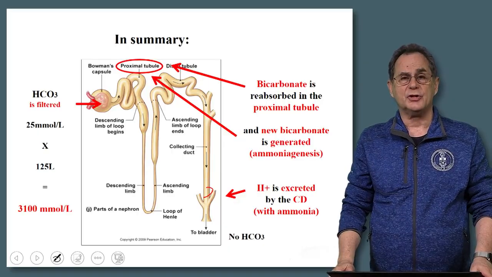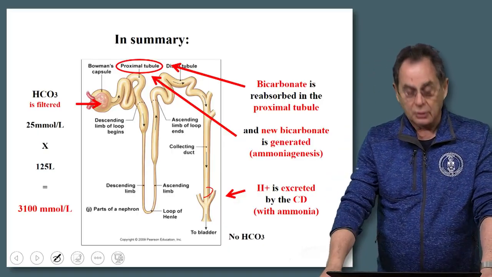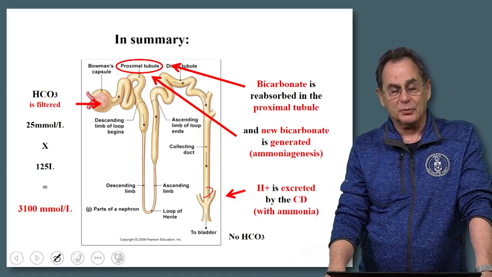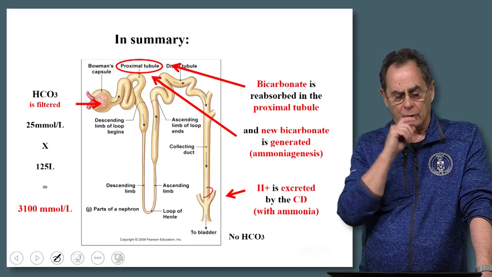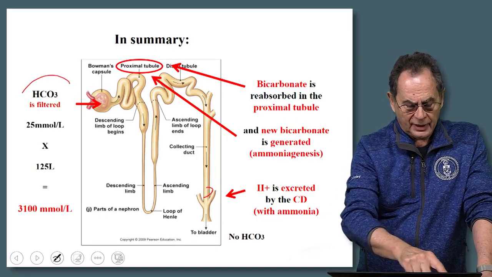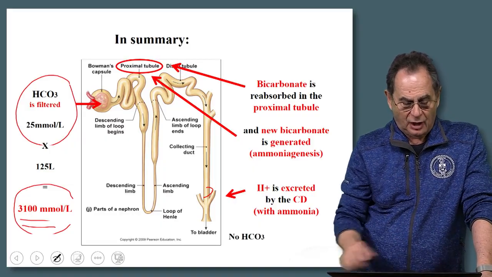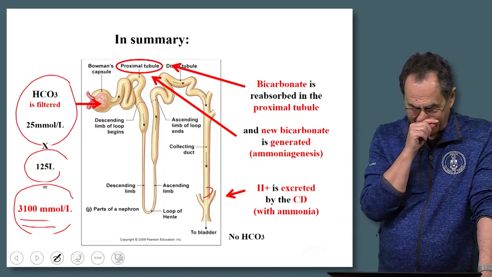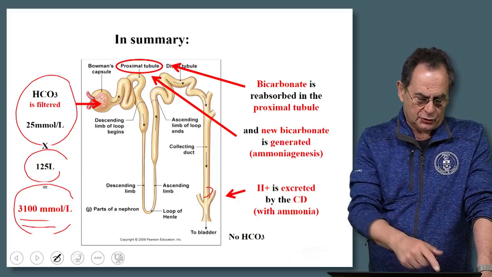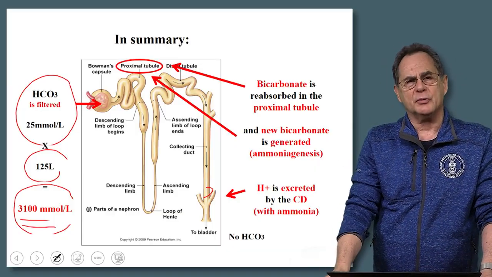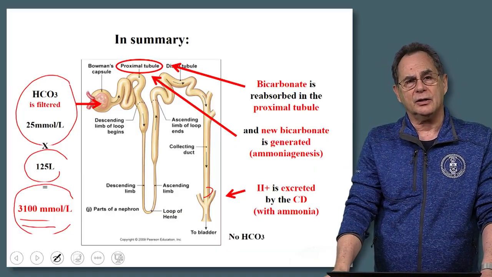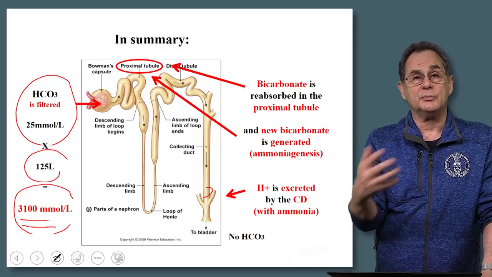So let's just summarize this relatively complicated process, but important to remember. Bicarbonate is filtered. I made a mistake here. I used the 125 liters. I'm sorry about that. But in excess of 3,000 millimoles of bicarbonate is filtered, and it's all reabsorbed.